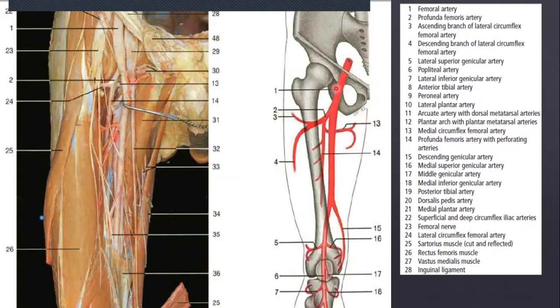Then this is the common femoral artery. This is the superficial femoral artery. This is the deep femoral artery, also known as the profunda femoris. You can see it has several branches, the lateral circumflex femoral and the medial circumflex femoral. You can also see before it exits the adductor canal it is giving off the descending genicular artery.